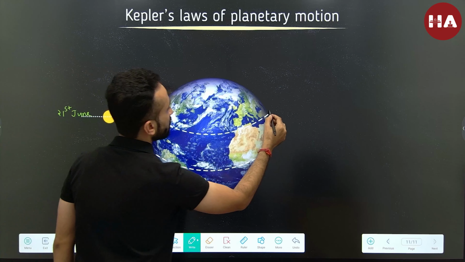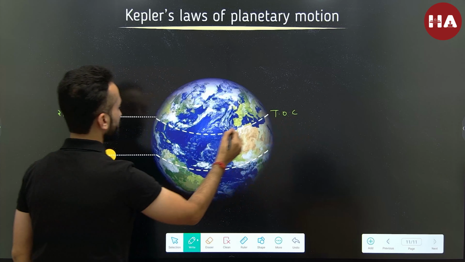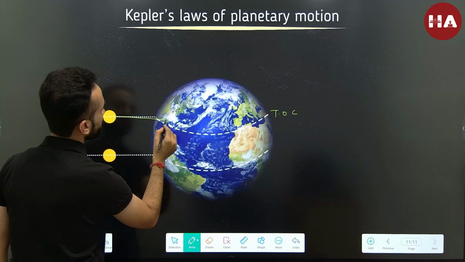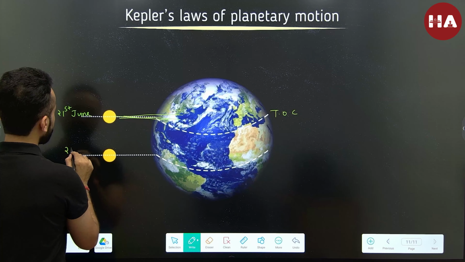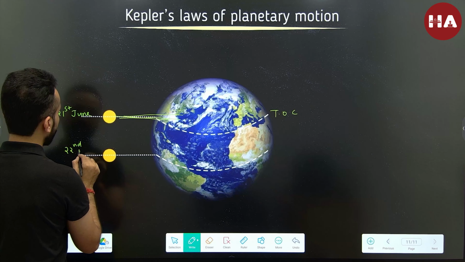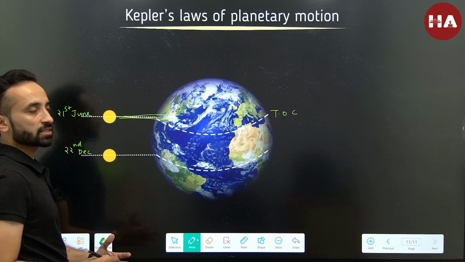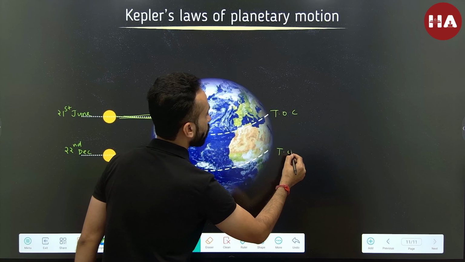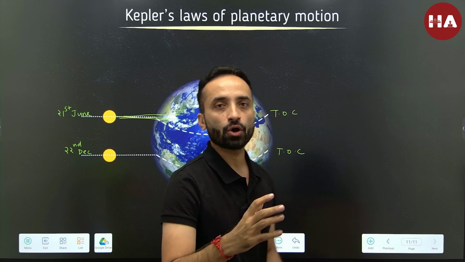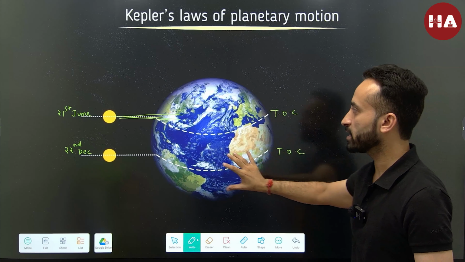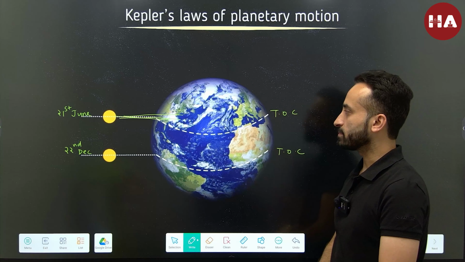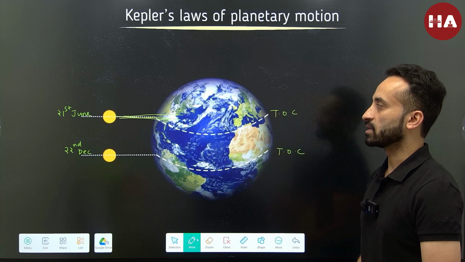That's where the sun is just above the Tropic of Cancer, and you receive normal radiation here in the northern hemisphere. While this is 22nd December, that is the winter solstice, where the Tropic of Capricorn is going to receive the normal radiation, and we will have a situation of summers in the southern hemisphere while winters in the northern hemisphere.